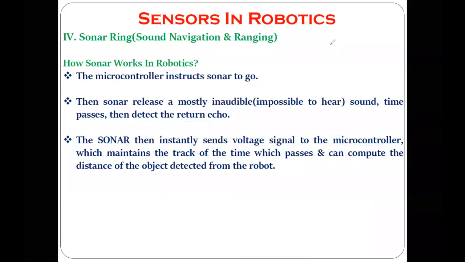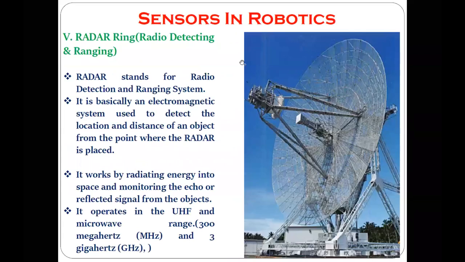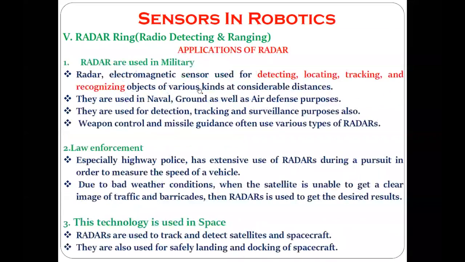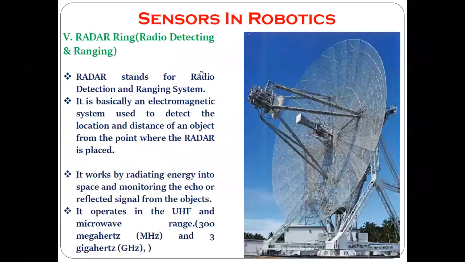Okay, now next importantly, that is the radar we have. Now radar is also like the sonar, but there is an exact difference between the radar and the sonar. The sonar utilizes sound waves, whereas in the case of radar, it stands for radio detecting and ranging.